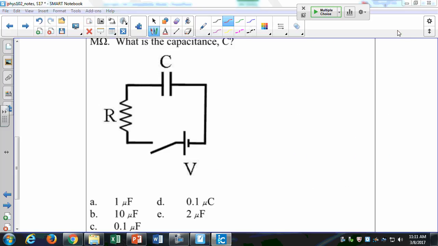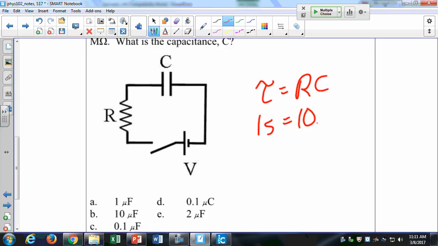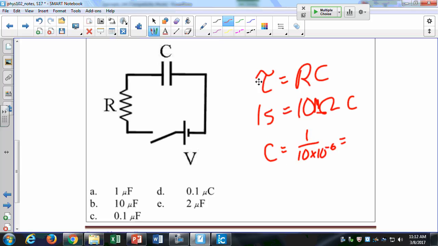So I say tau is equal to RC. That's my time constant. Time constant is 1 second. Resistance is 10 megohms. What is my capacitance? If I solve for that, it's 1 over 10 times 10 to the minus 6, which is 0.1.